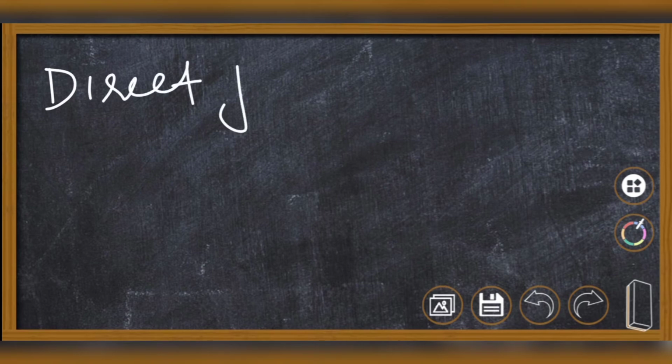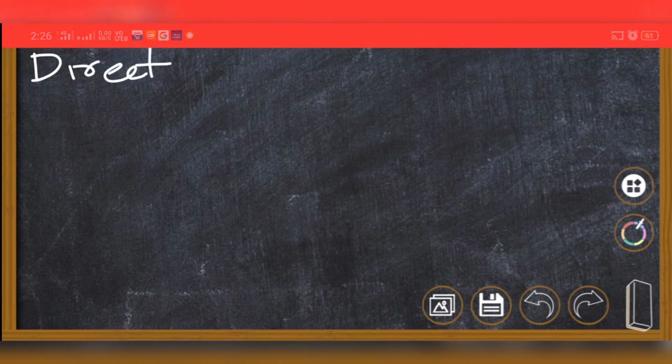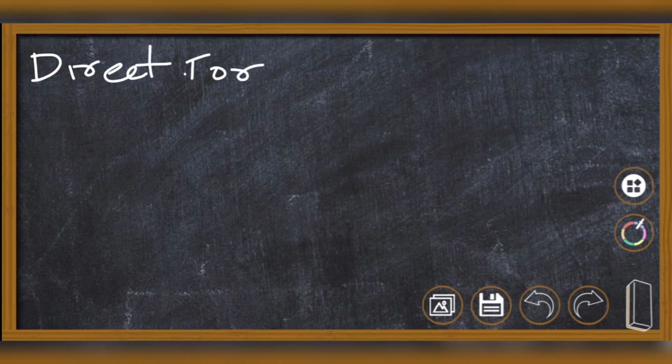So the direct formula is: if this type of question comes with the same direction, starting time and two different speeds given, then the formula to be used is, I'll write the direct formula.